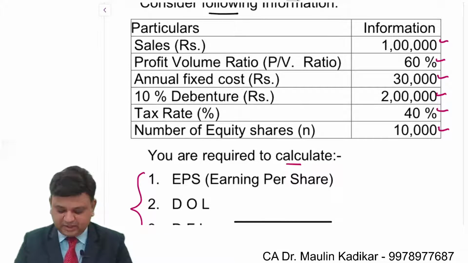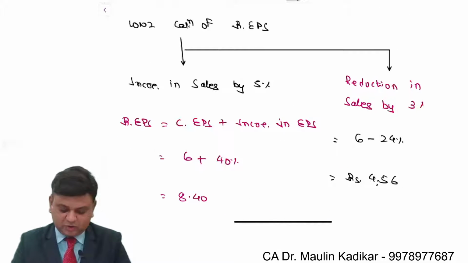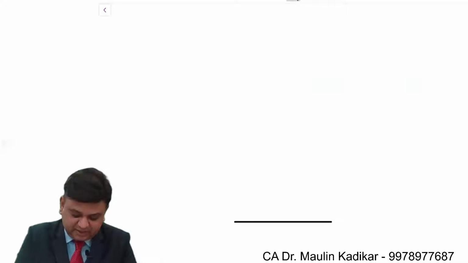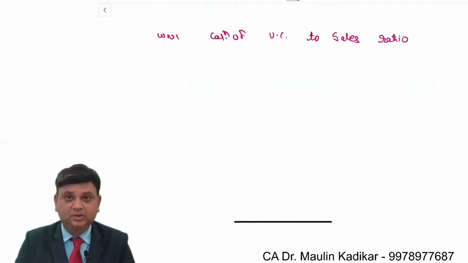So first of all, we are required to make the calculation of the earning per share. Profit volume ratio is given, so we can compute the variable cost to sales ratio. Working note number 1. Calculation of variable cost to sales ratio.